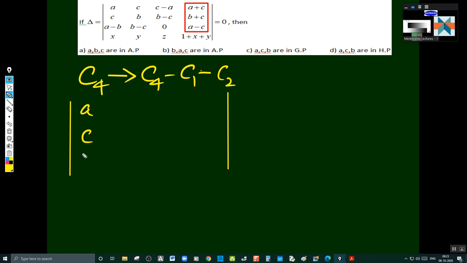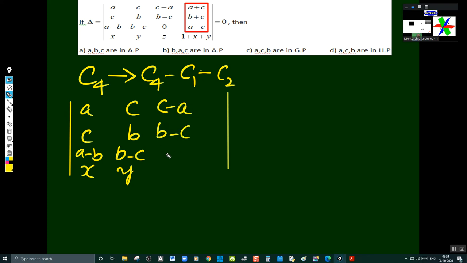A, C, A minus B, or X; C, B, and B minus C, Y; and C minus A, B minus C, 0, Z. And this is A plus C minus, is 0. This is what we want.